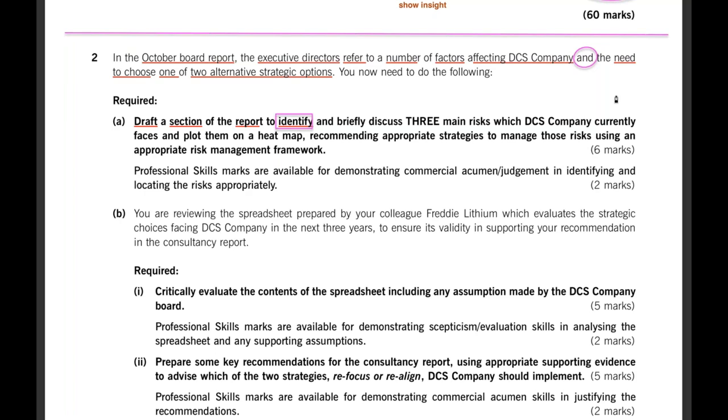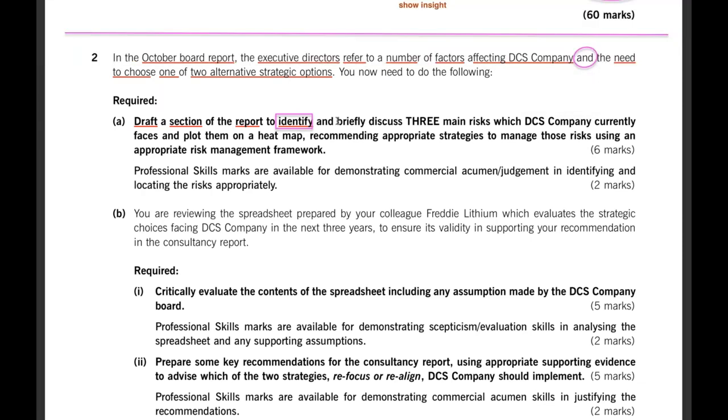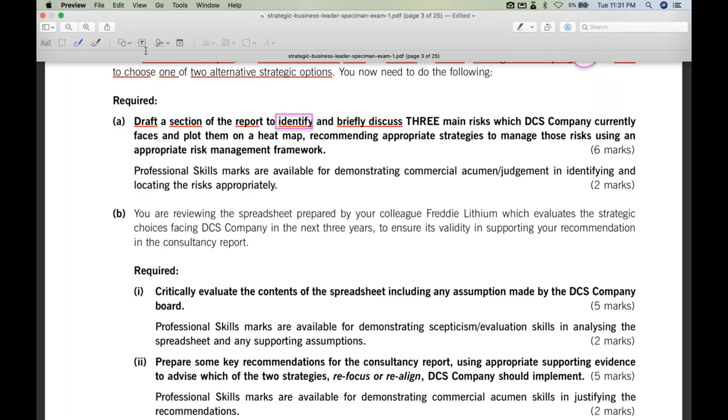The next question verb is for you to briefly discuss. You are supposed to be identifying, and after that you're supposed to be briefly discussing. So what is it that you're supposed to be discussing here?